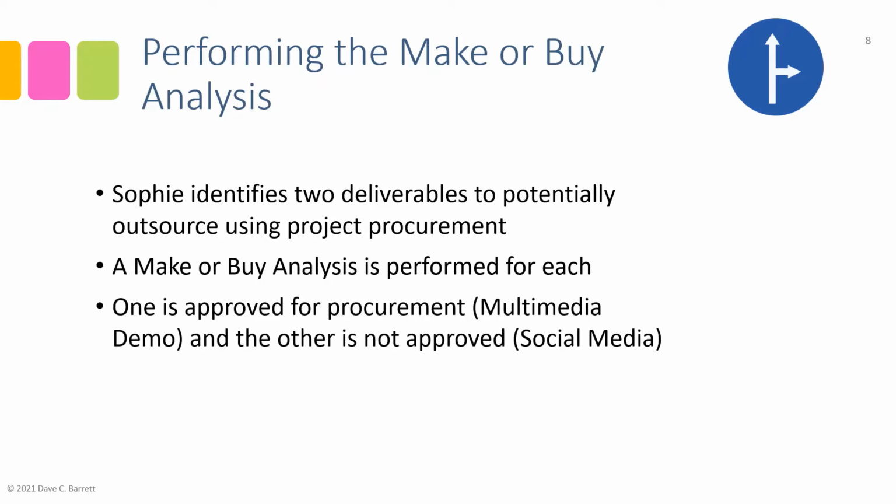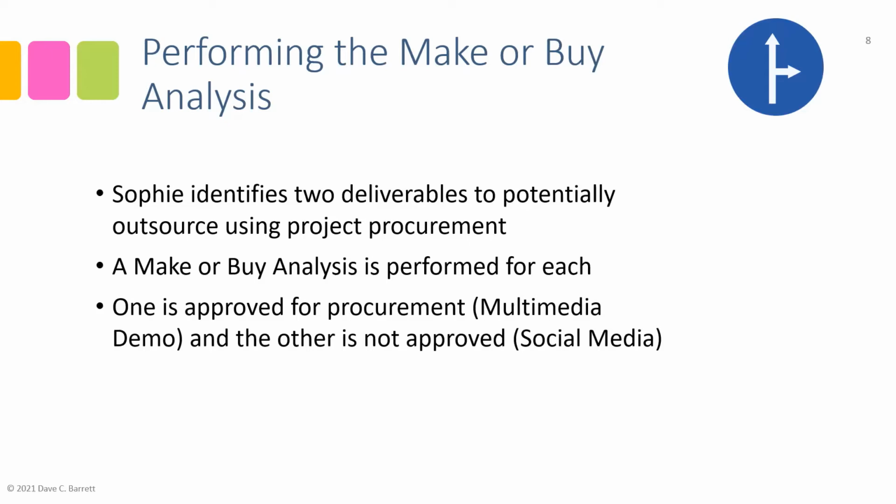And you would have noticed in that video that there were various criteria that they looked at: cost, scope, and risk. So they had various ways of measuring the different aspects of both performing it internally, make, or procuring it externally, buy.